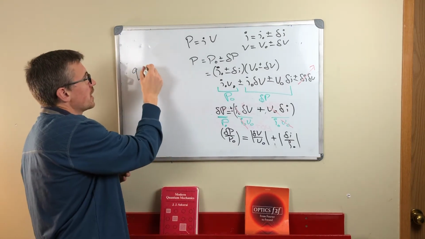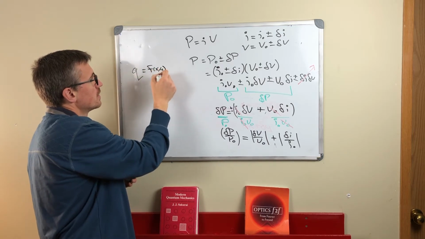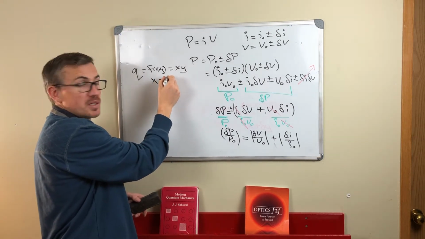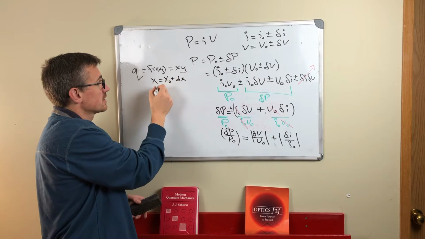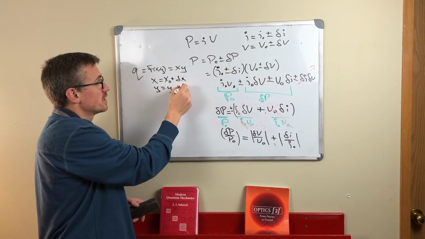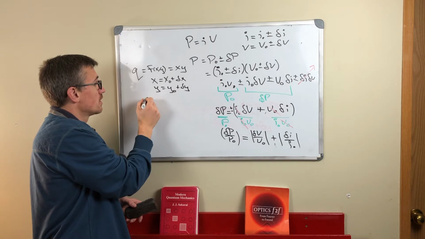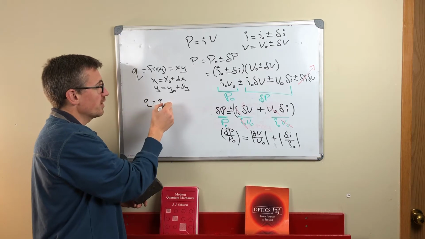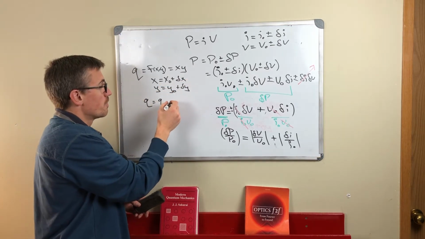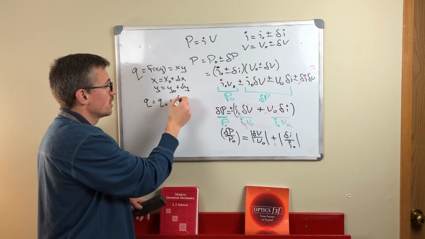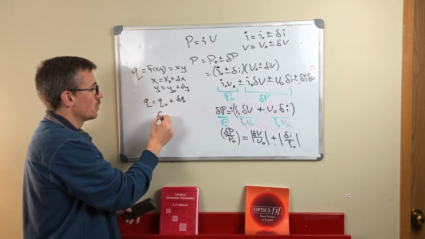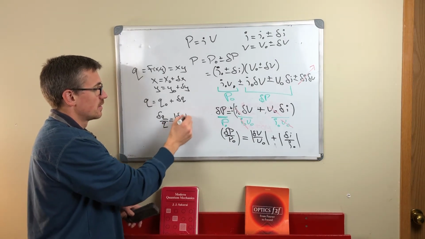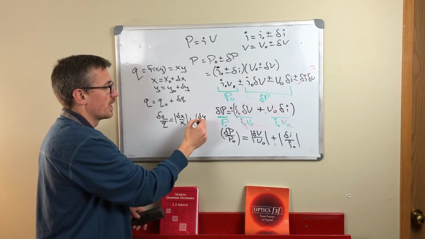And that's a general rule, again, more of a specific rule, that say if Q is equal to f of x and y, and that's just the product of two variables, and again, x is equal to x naught plus delta x, y is equal to y naught plus delta y, then let's just write it fully, q is equal to q naught, which is just the product xy, plus delta q, with delta q over q equal to delta x over x plus delta y over y.